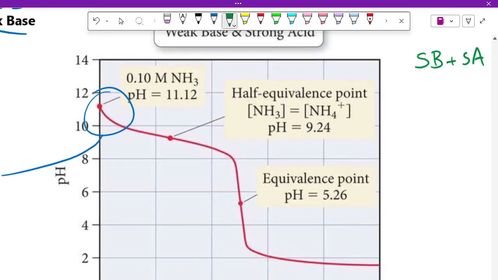Strong base would start higher or lower than a weak base? Higher. Okay, so this would be our strong base. Why is the equivalence point here less than 7? Why?